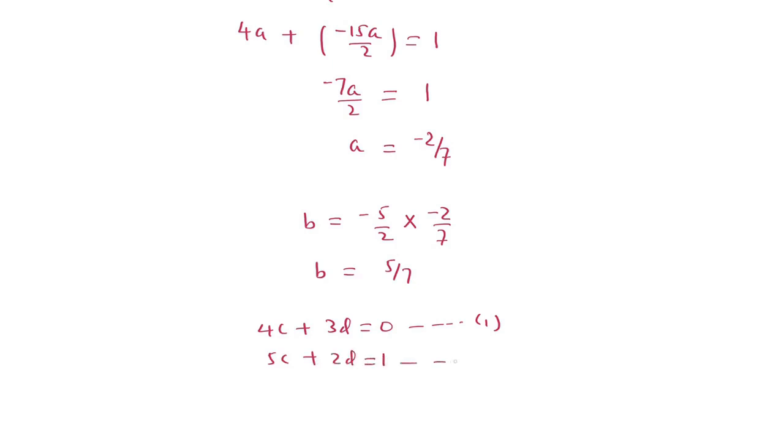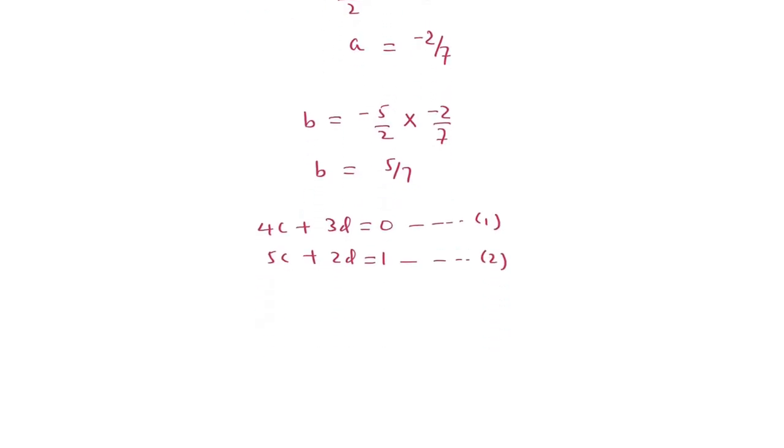And then we are going to call this equation number 2. Okay, so let us make C the subject from equation number 1. Then we are going to have C equals negative 3D over 4. And we are going to call this equation number 3.